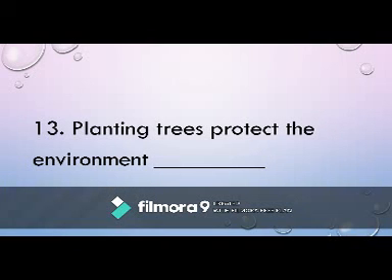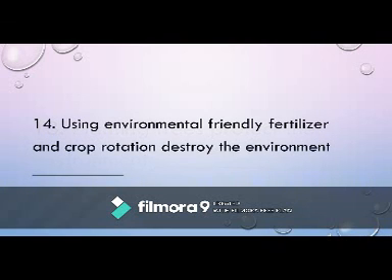Planting trees protects the environment. Using environmentally friendly fertilizer and crop rotation destroys the environment.